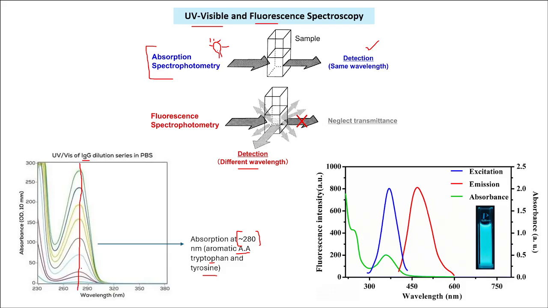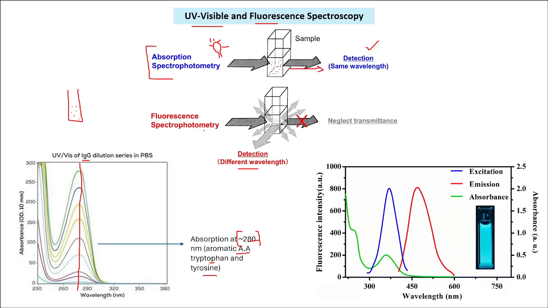Now, if we want to know whether a particular sample has IgG, we pass light through the sample, and based on which components of light are absorbed, we can tell. Suppose this is IgG in the sample. This IgG would particularly absorb at 280 nanometers, so only that light would be absorbed and the rest of it would be transmitted.